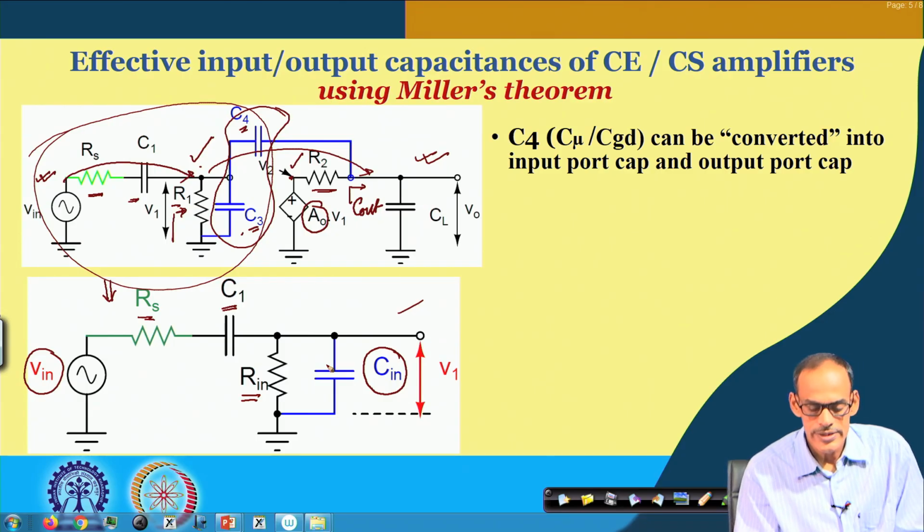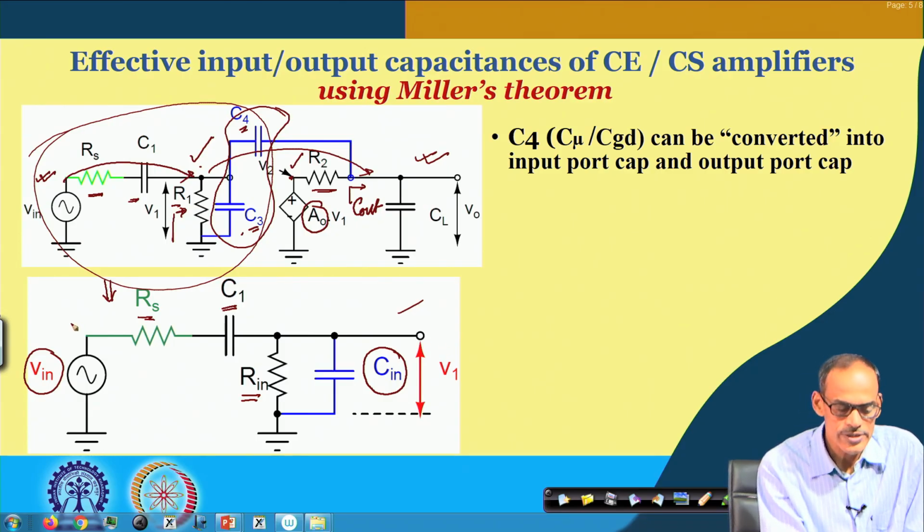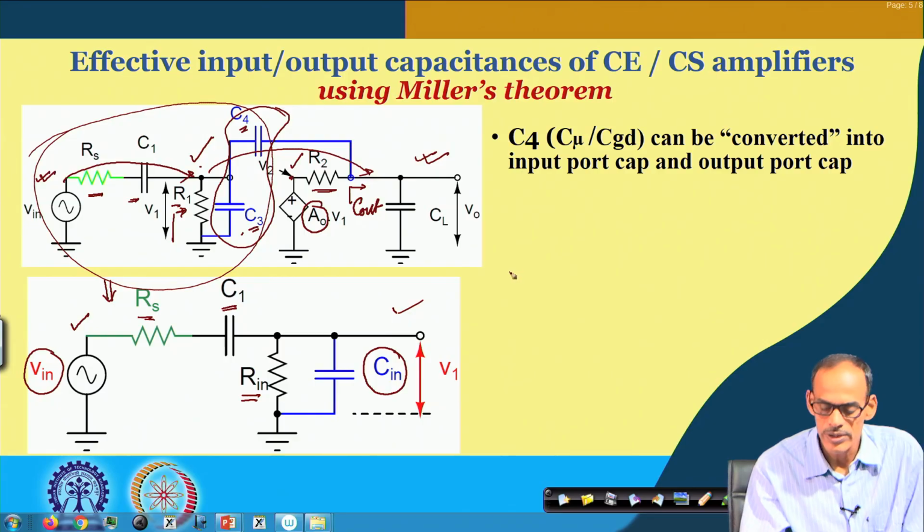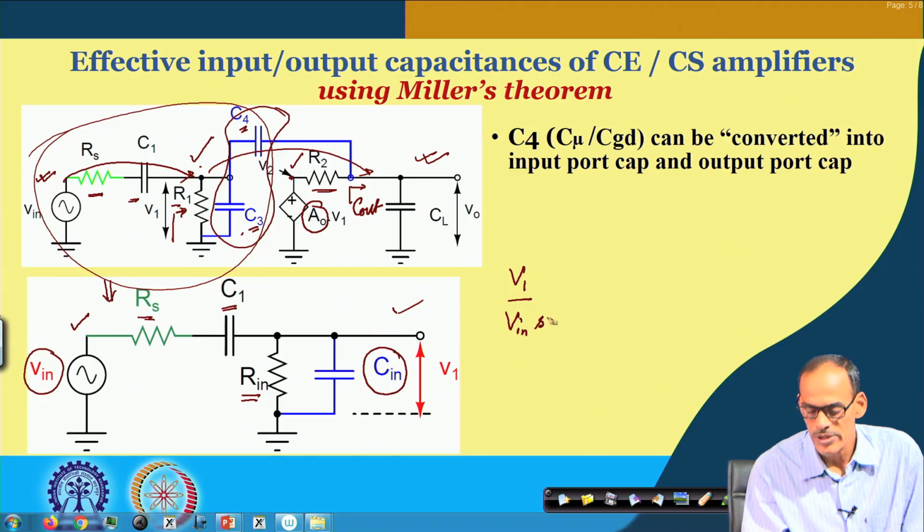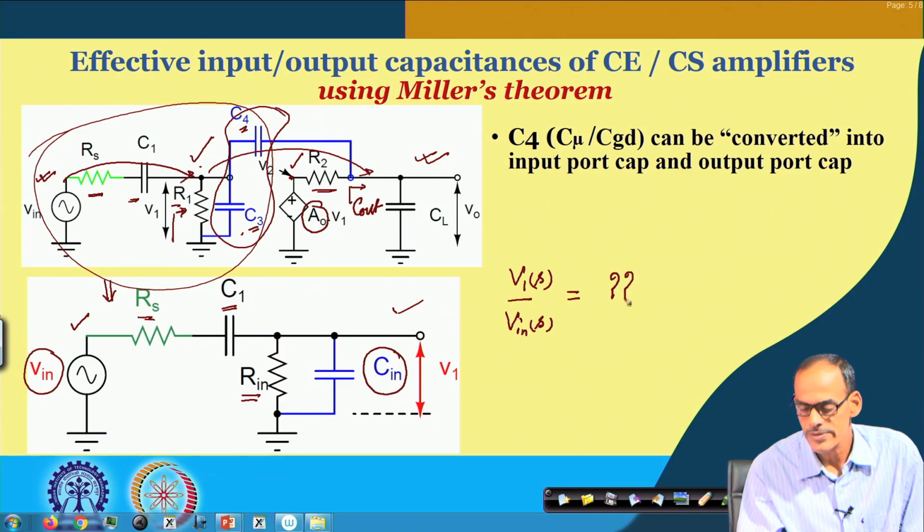So, our first task is to find the frequency response from this point to this point, namely V1 by V_in, maybe in Laplace domain, and then we can find what is the corresponding transfer function we are getting.